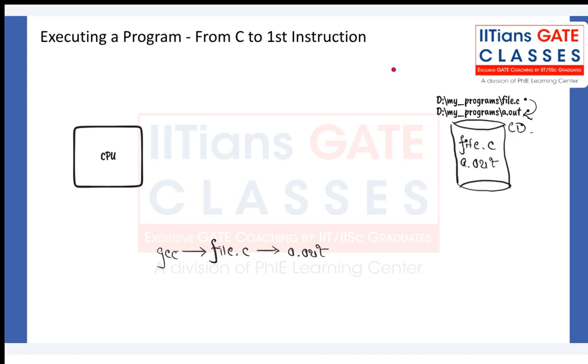CPU is here, your hard disk is here. The problem is, if the CPU starts reading the program from the hard disk and executing it, that will be very slow for the CPU. You won't get the speed that you are expecting.